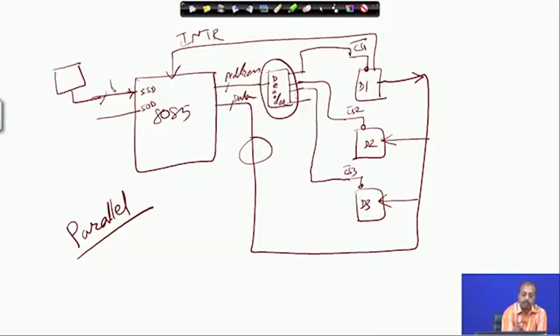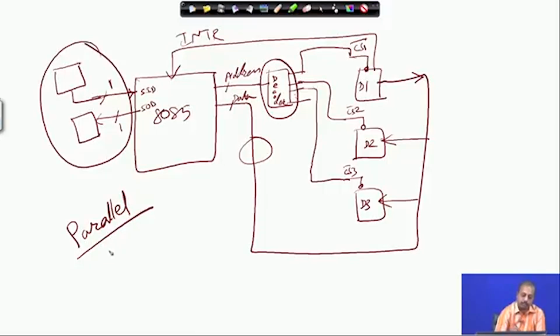So this line width is 1 bit. Similarly, we can have the SOD, serial output data, so if I want to output something to the device, again a 1 bit connection can be there. Instead of parallel connection, this is the serial communication. The 8085 supports both types of communication, parallel and serial.